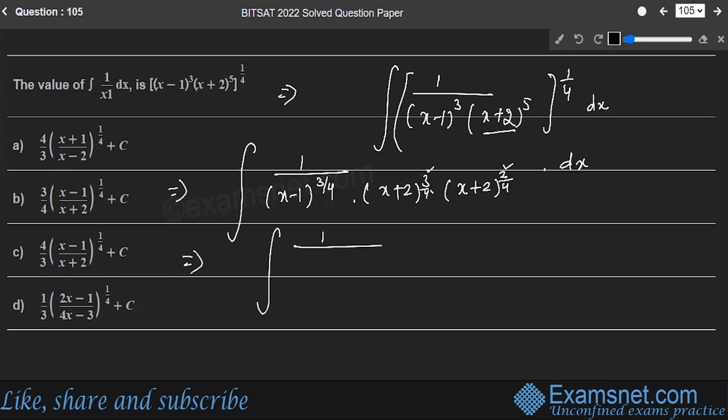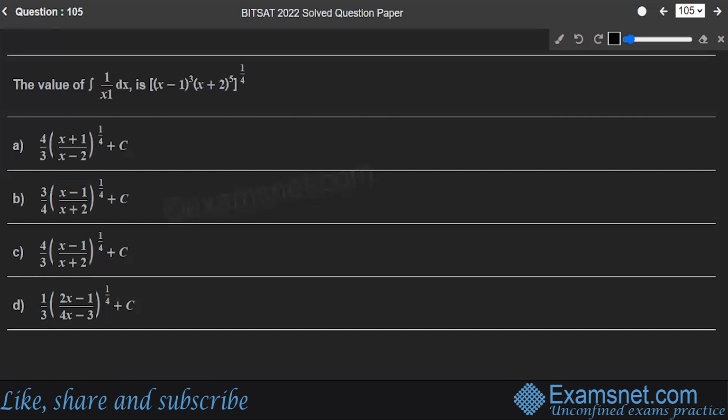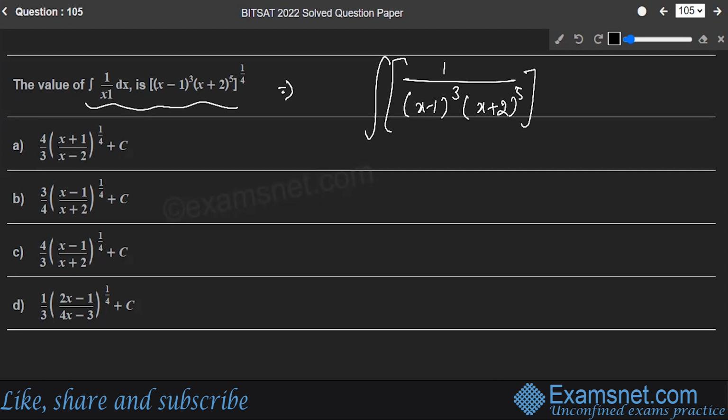This further is equal to 1 upon x plus 1, x minus 1 upon x plus 2. Question number 105, the value of this expression is not written clearly. I'm going to write it once over here. So this is 1 upon x minus 1 raised to power 3, x plus 2 raised to power 5, whole raised to power 1 by 4 into dx.